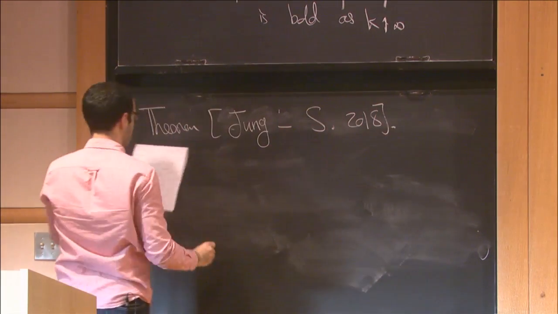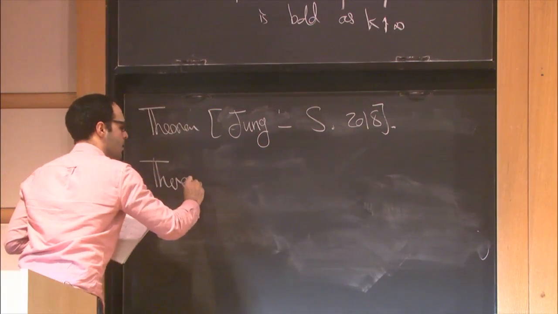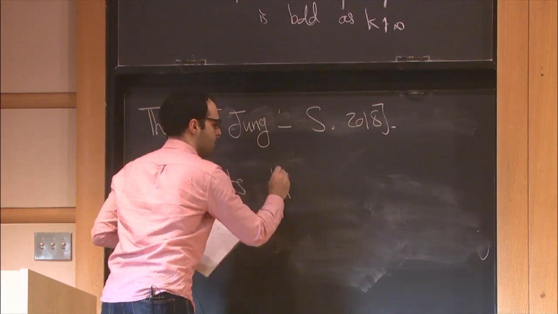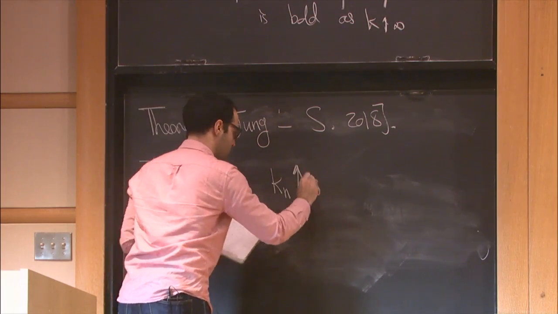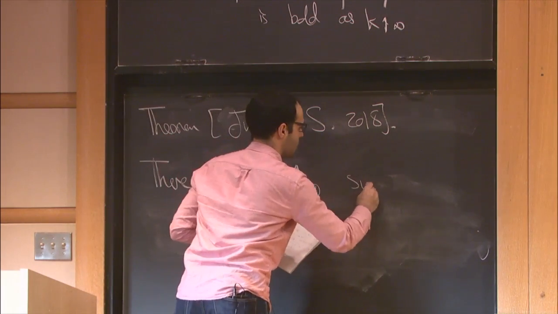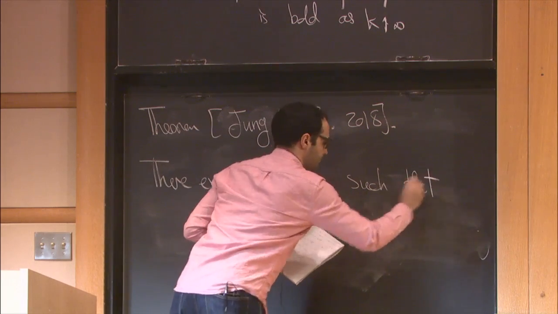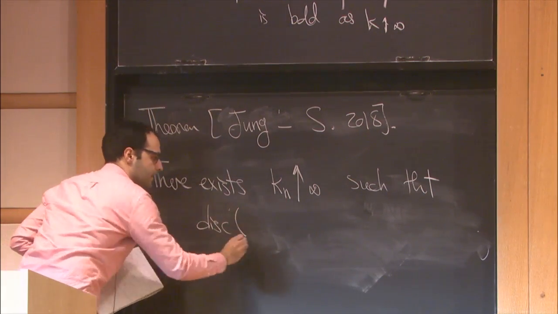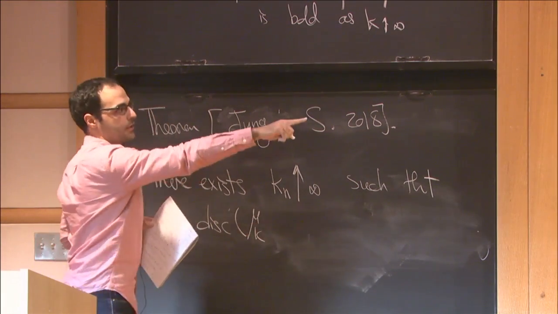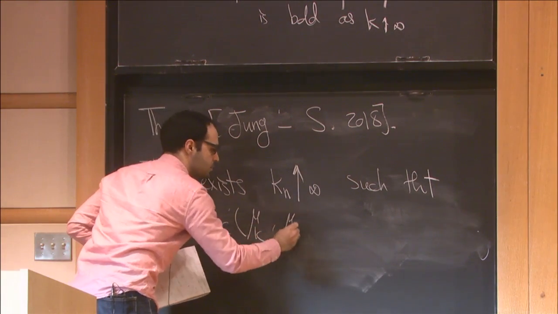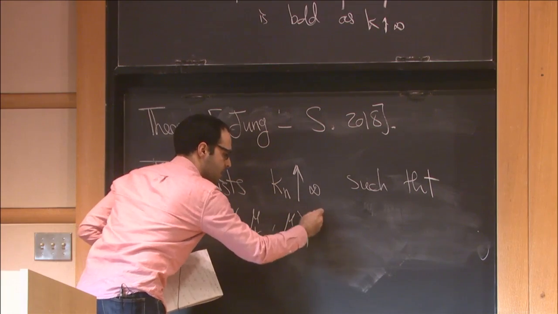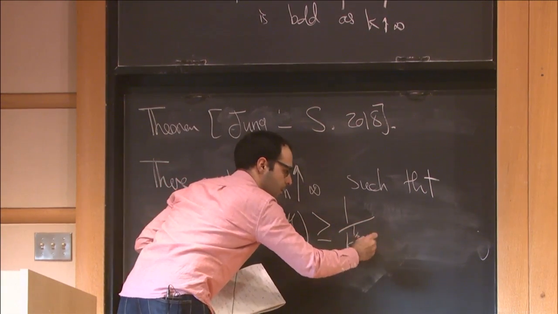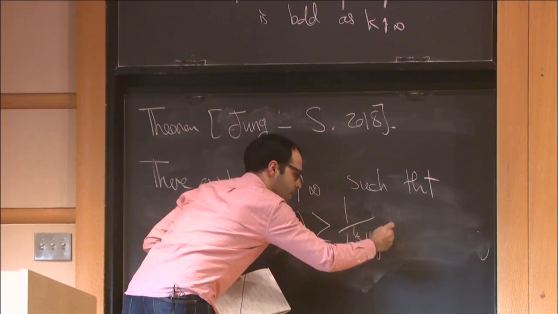We proved that there exists an infinite sequence of weights which goes to infinity, such that the discrepancy of the spectral measure that I defined there, again a natural measure, is bigger than 1 over k to the 1/3 times log k squared.